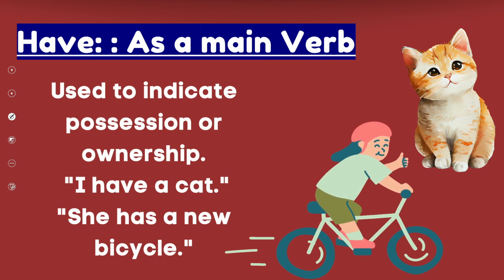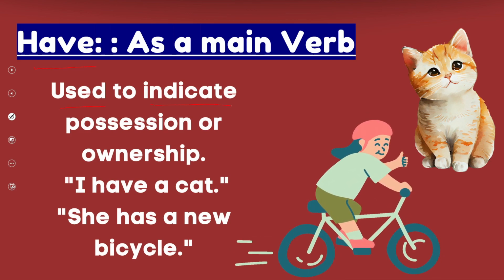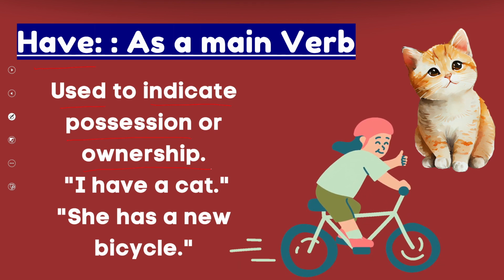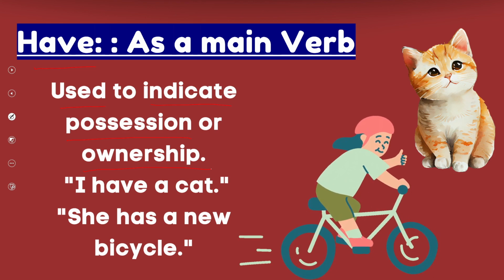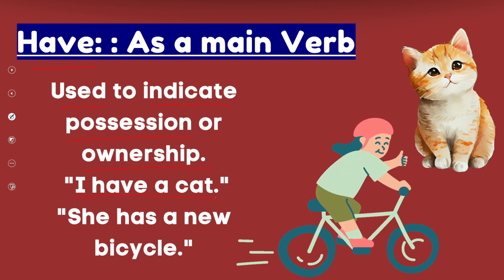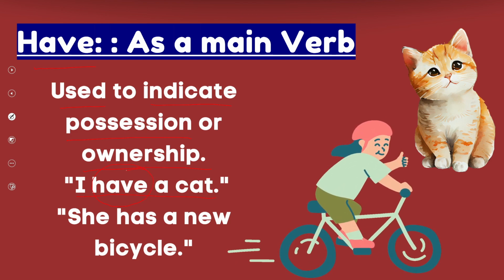Now, let's talk about have. Used to indicate possession or ownership. Showing ownership, that you own something or something is in your possession and in your ownership. Let's see. I have a cat. Now, having the cat means you actually possess it and the cat belongs to you.